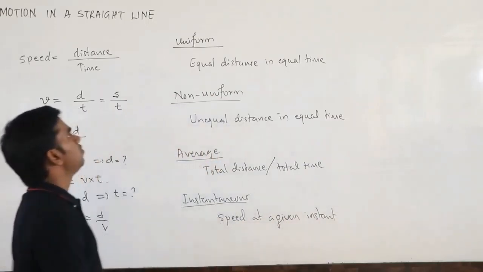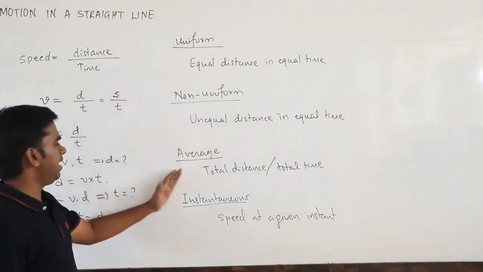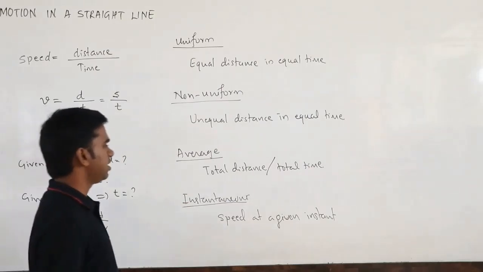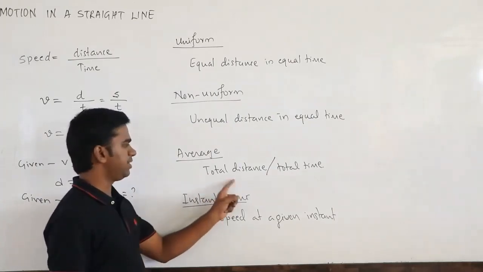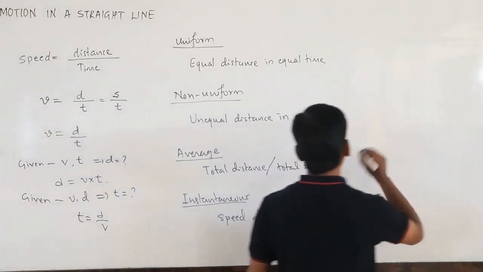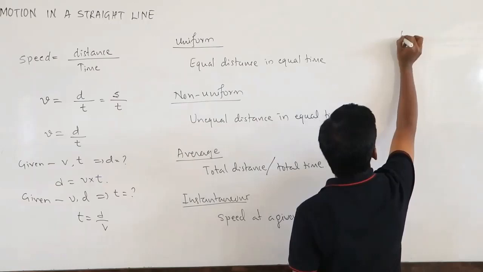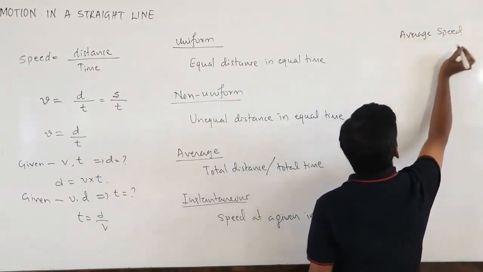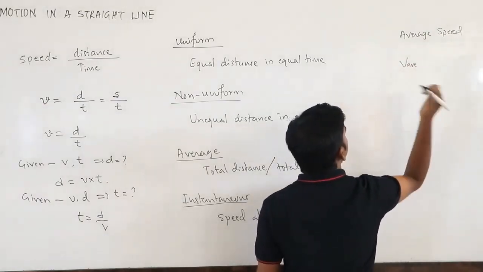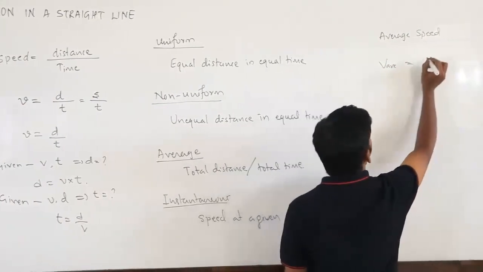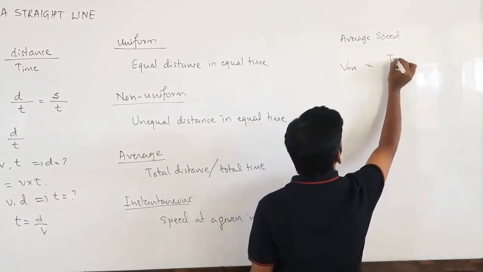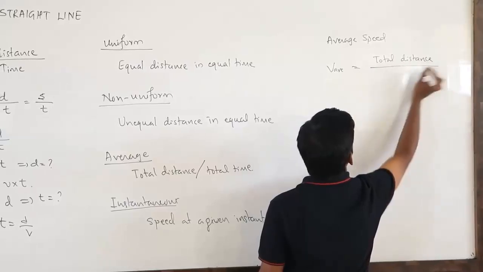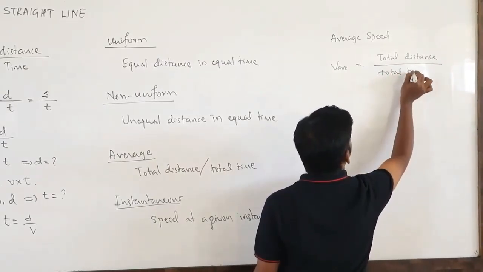Okay, so uniform speed, non-uniform speed, average speed and instantaneous speed we have discussed in the last class. Today I am going to concentrate on the average speed. Average speed, you can denote it by v average, or normally just v. This is total distance divided by total time.